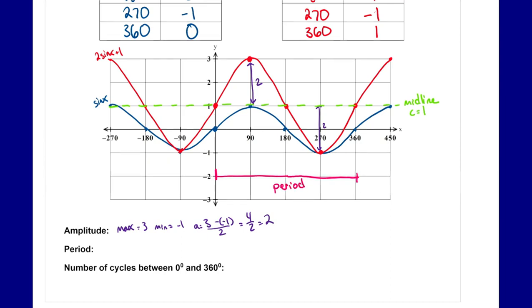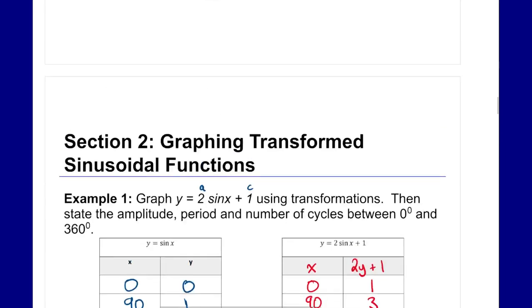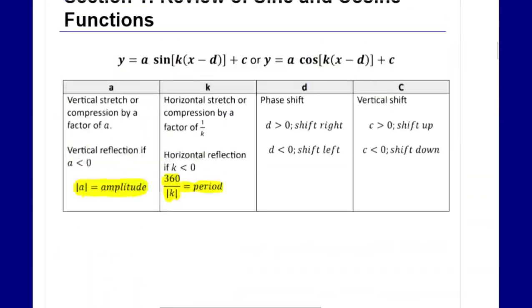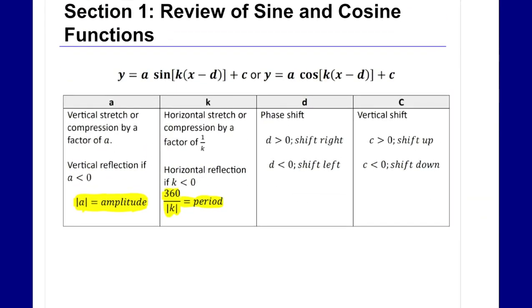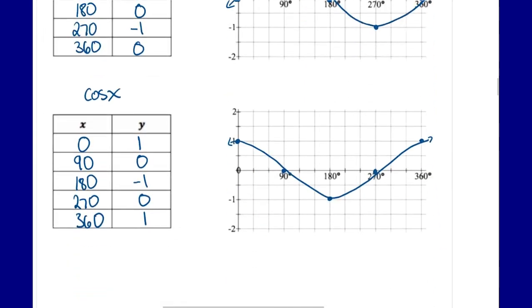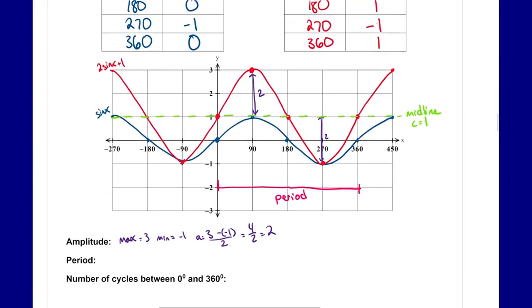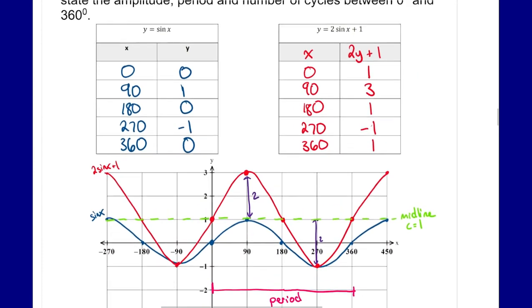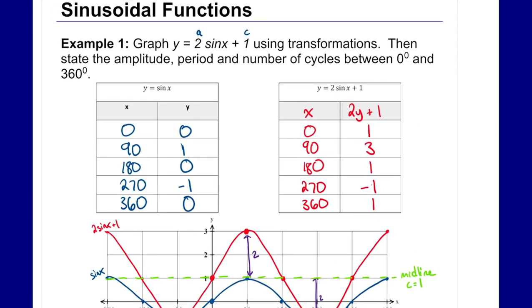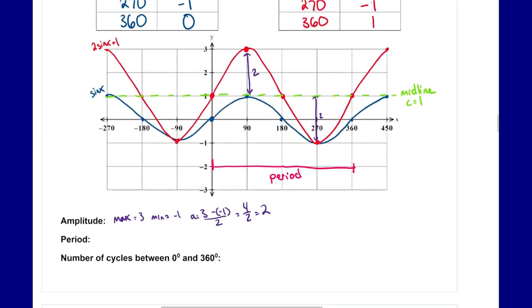I could also figure it out because the period can be determined from the k value: 360 divided by k equals the period. I could have also determined the amplitude from the a value in our function, because the a value was 2, so the amplitude is 2.